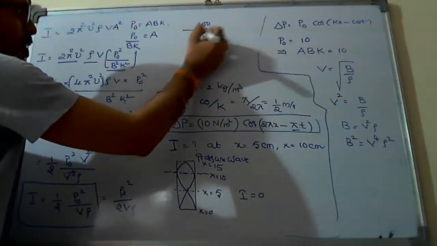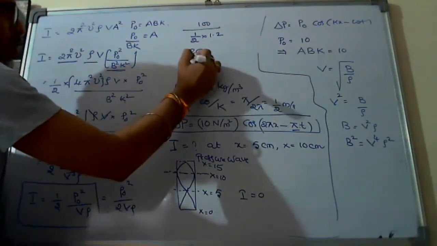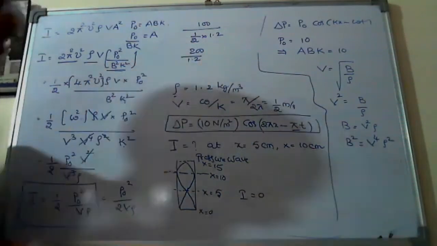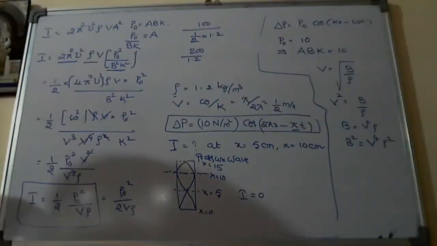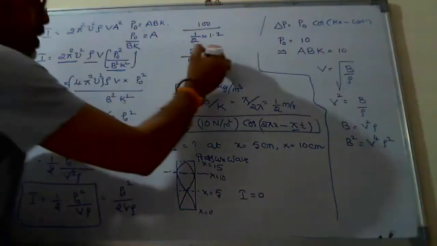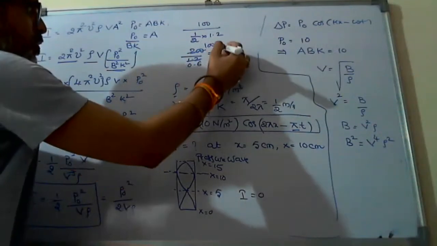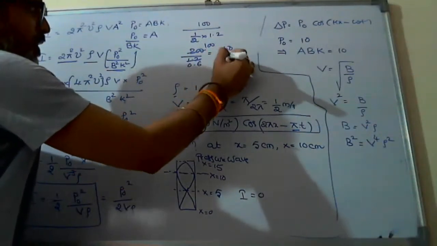250 by 3, sir, maybe. Yeah, 200 by 1.2 I'm getting. Maybe you are right, 250 by 3. So this is 200 by 0.6. So 50 by 0.3.